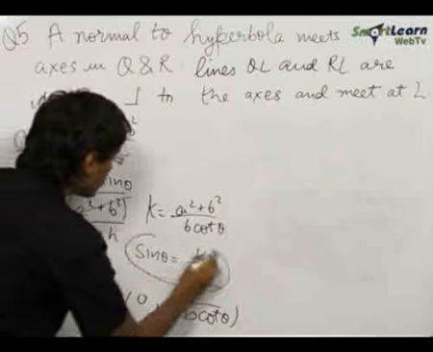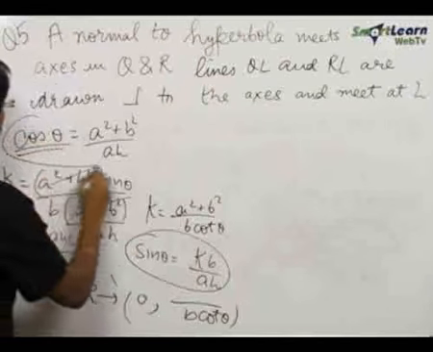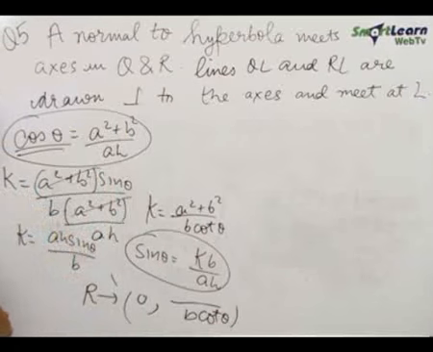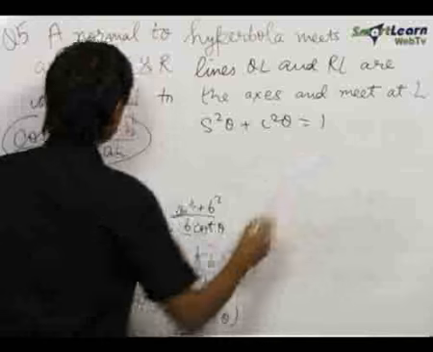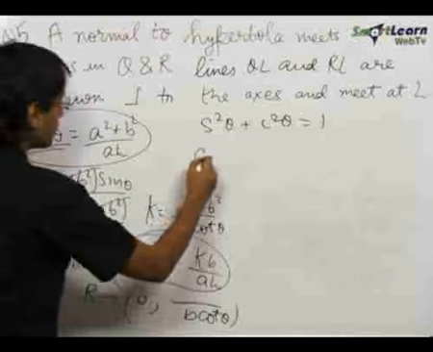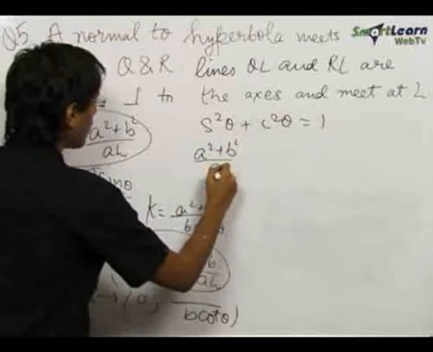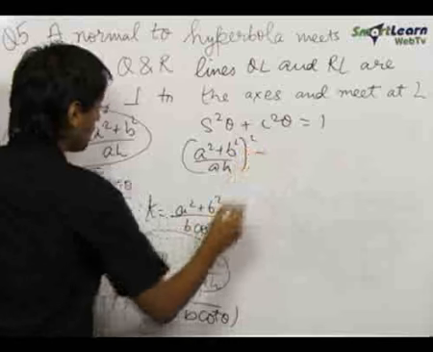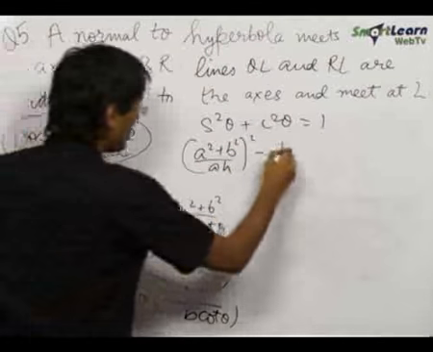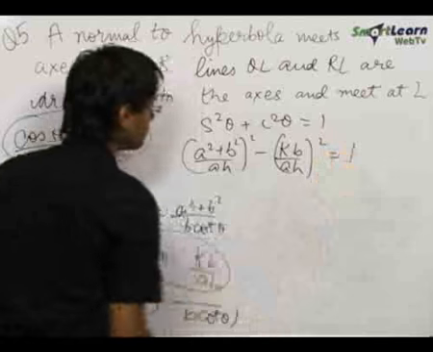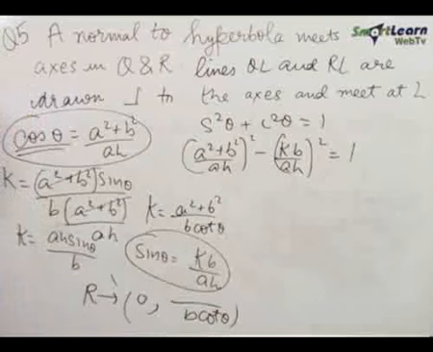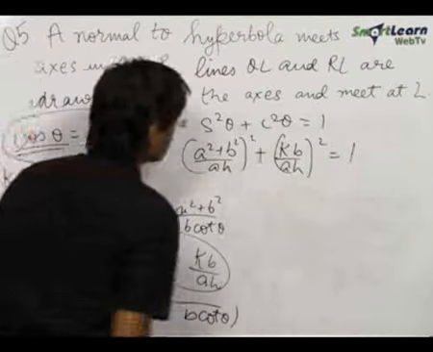We have sin theta equal to kb by ah and cos theta equal to a square plus b square upon ah. We can use sin square theta plus cos square theta is equal to 1. So this becomes a square plus b square upon ah whole square minus kb by ah whole square is equal to 1. Or rather, this is plus.